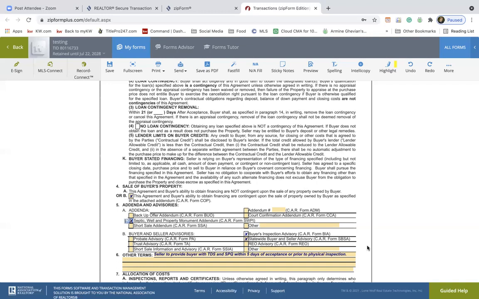What does SPQ stand for? Seller property questionnaire. Yes. By now you need to know all these forms, guys. And when we go to the reports and disclosures, we will talk about the importance of these forms.